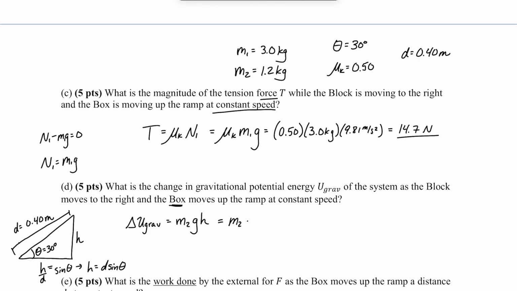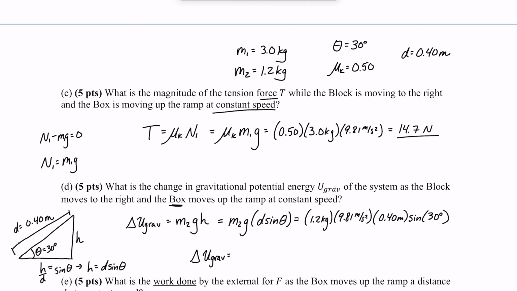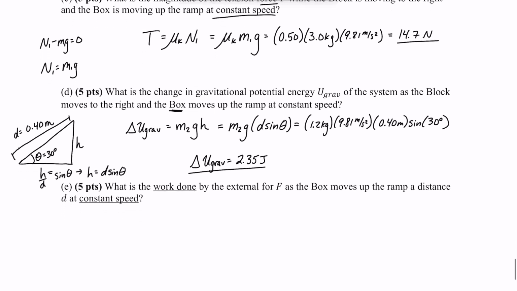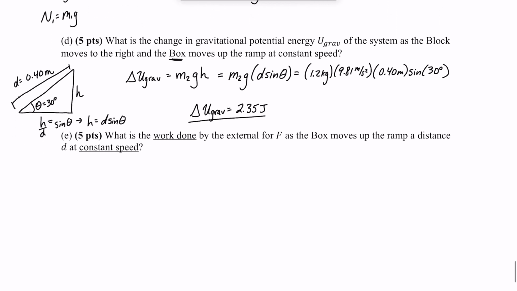Plugging that in over here, and substituting in the numbers. This gives us a change in gravitational potential energy of 2.35 joules.